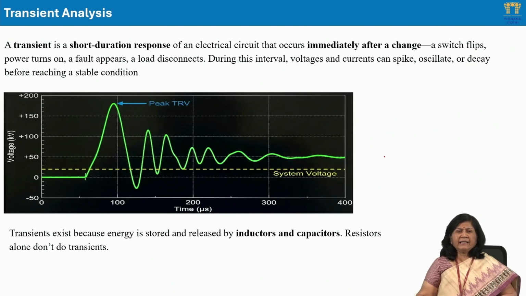This transient exists for a very short duration, and it exists because we have inductors and capacitors in our circuits. Inductor and capacitor are the energy storage elements. So their energy reverts back whenever there is a change in the state of the circuit. Resistors don't respond to any transient.